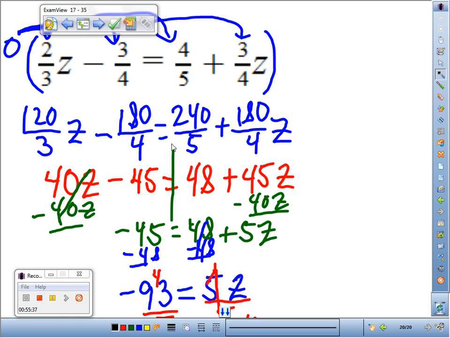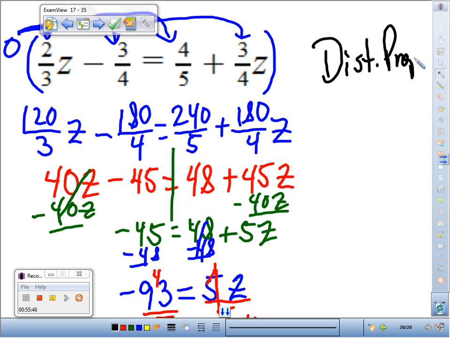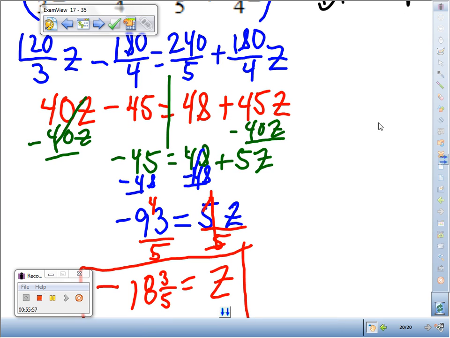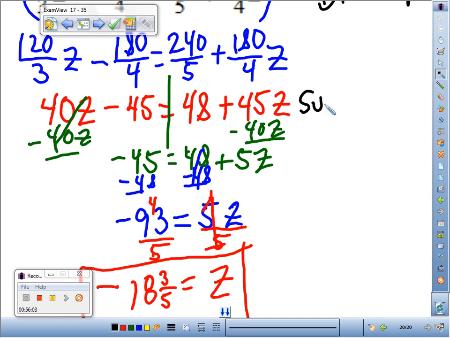So it says, what did we do here when we multiply times the LCD? Distributive property. Didn't we distribute? Yes, right? Next. From here we simplified. That's not a property. However, what did we do here to each side of the equation? Subtracted. So therefore this is subtraction property of equality.